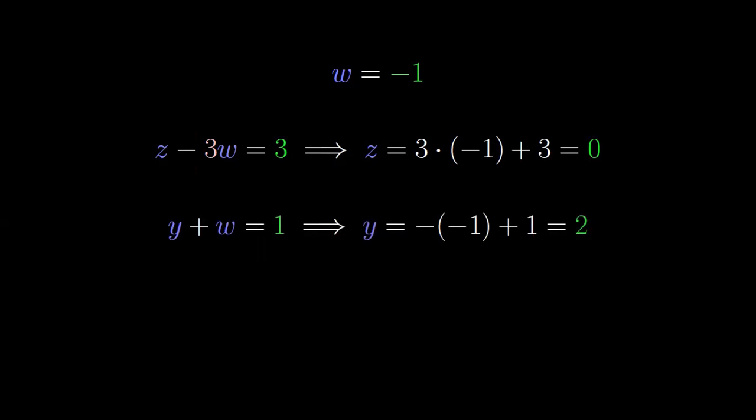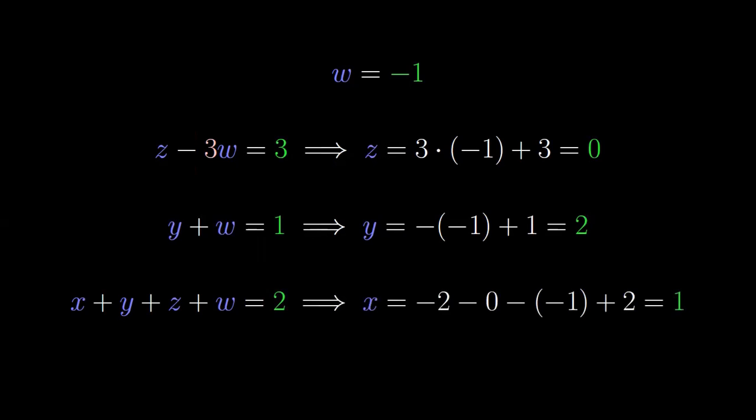Then we have that y is equal to minus minus 1 plus 1, which is equal to 2. Finally, from the first equation, x plus y plus z plus w equal to 2, we obtain the value of x, which is given by minus 2, minus 0, minus minus 1 plus 2, which is equal to 1.